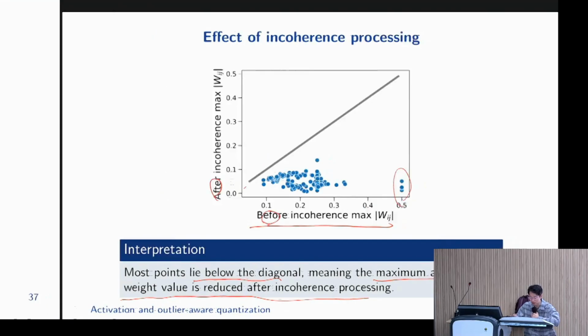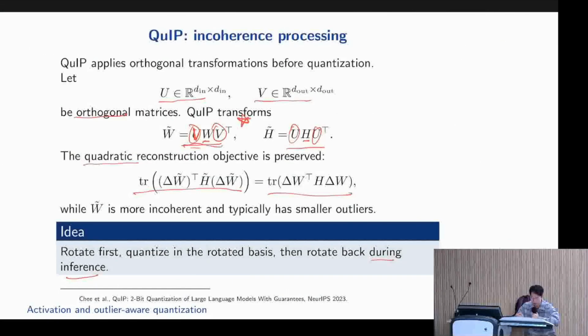Just a fancy word for pre-multiplying and post-multiplying these matrices with orthogonal matrices. My students and I call this a shock observer. So this matrix is going to get shocked when it gets quantized, and these orthogonal matrices absorb the shocks that happen during quantization. If you're interested in the theory, just read the paper. It's not difficult.